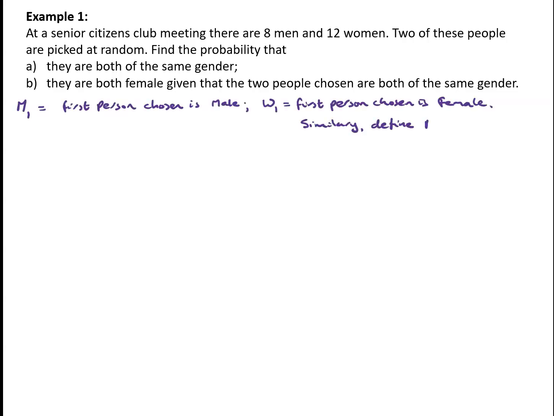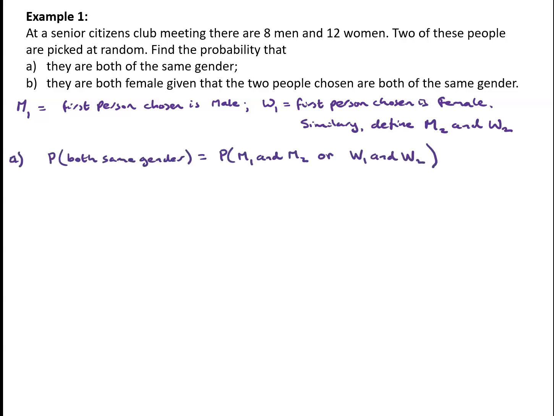So if we let M1 stand for the first person chosen is male and W1 being the first person chosen is female, and we define M2 and W2 in a similar way, then the probability they're both the same gender is the probability we get a man first and then a man second, or we get a woman first and a woman second.